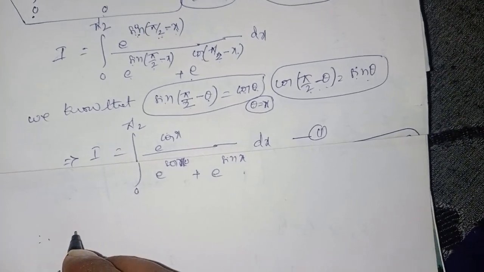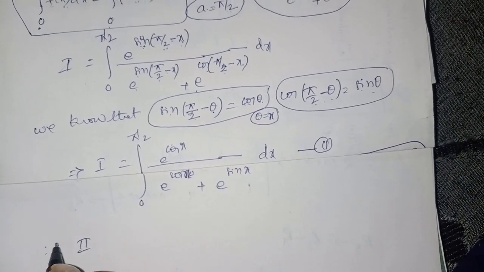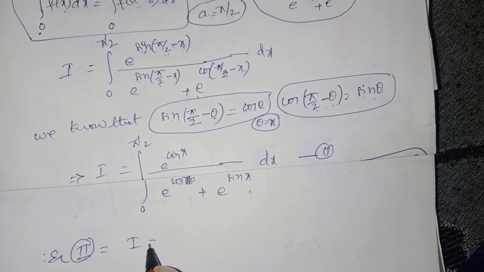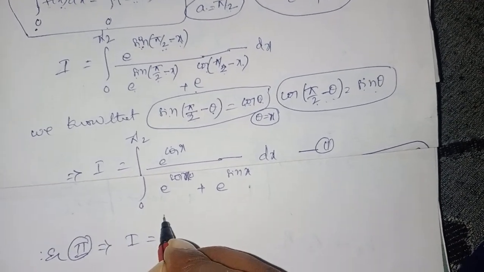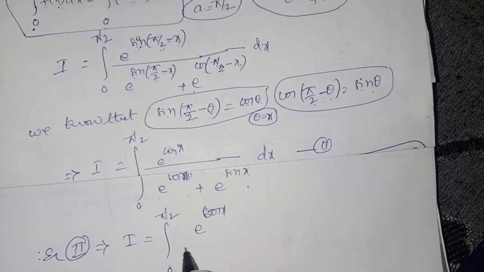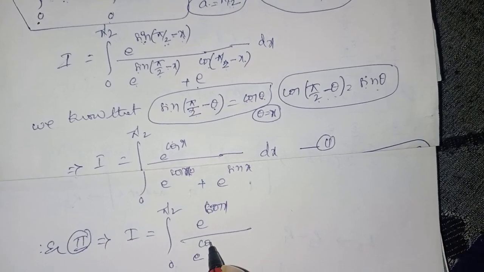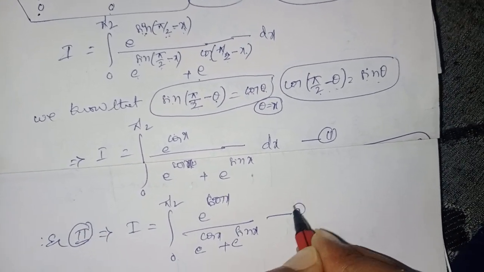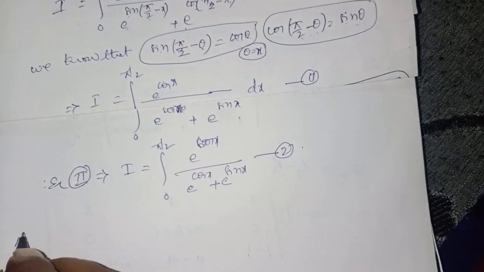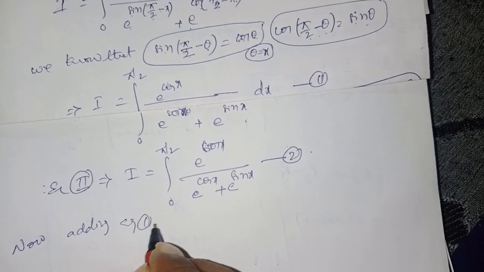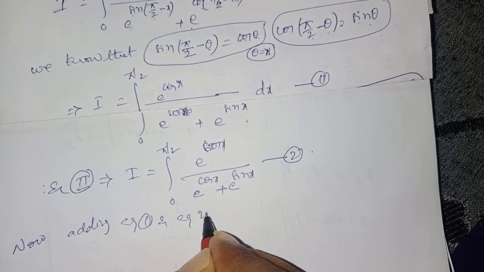See what equation number 2 is: I is equal to integral 0 to pi by 2 e power cos x upon e power cos x plus e power sin x. This is equation number 2. Now, adding equation 1 and equation 2.